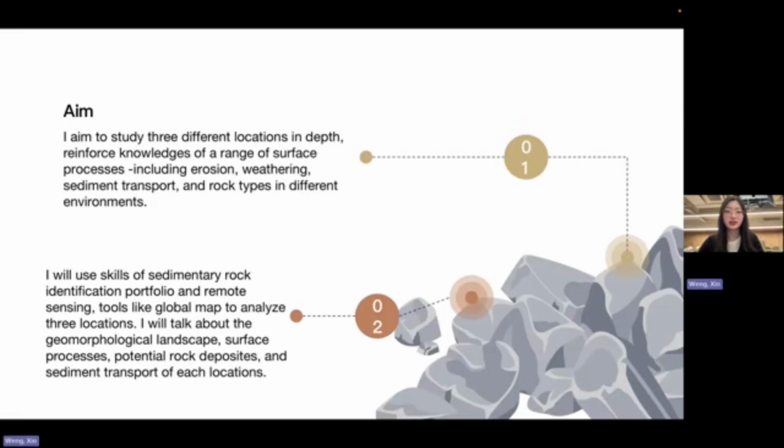I will use skills of sedimentary rock identification, portfolio, and remote sensing tools like Global Map to analyze 3 locations. I will talk about the geomorphological landscape, surface processes, potential rock deposits, and sediment transport of each location.